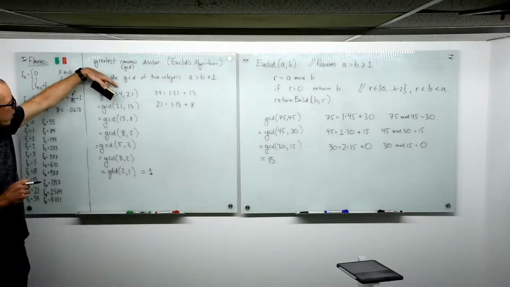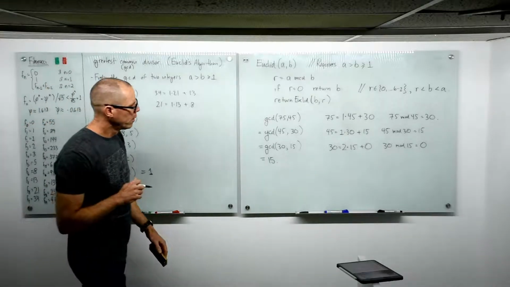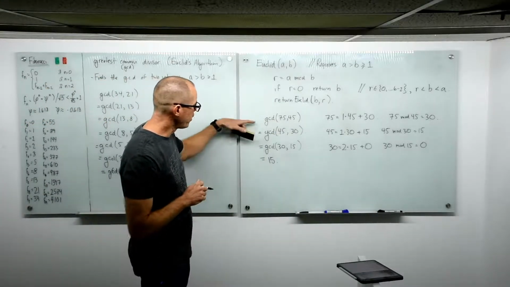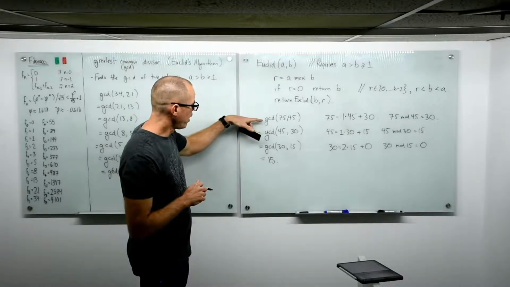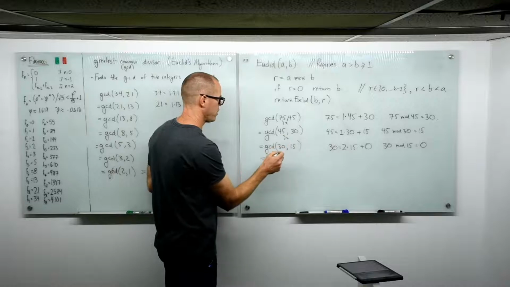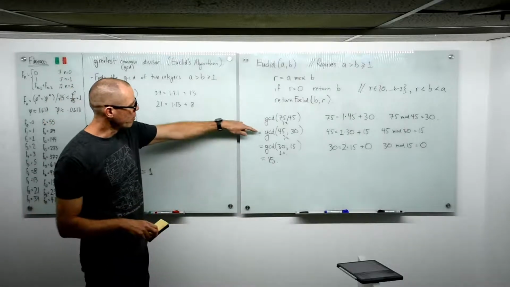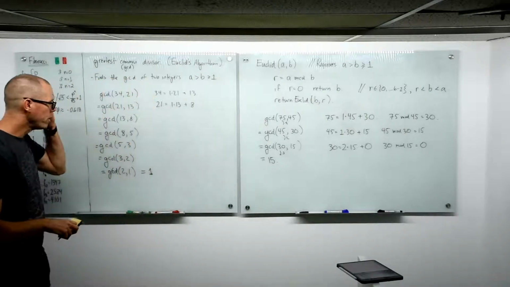The numbers were smaller, but it actually took more steps. This was 75, 45. It was done with, here's 1 step, 2 steps, and then call that the third step. So the number of steps is the number of equalities that I have here, 3 in this case.